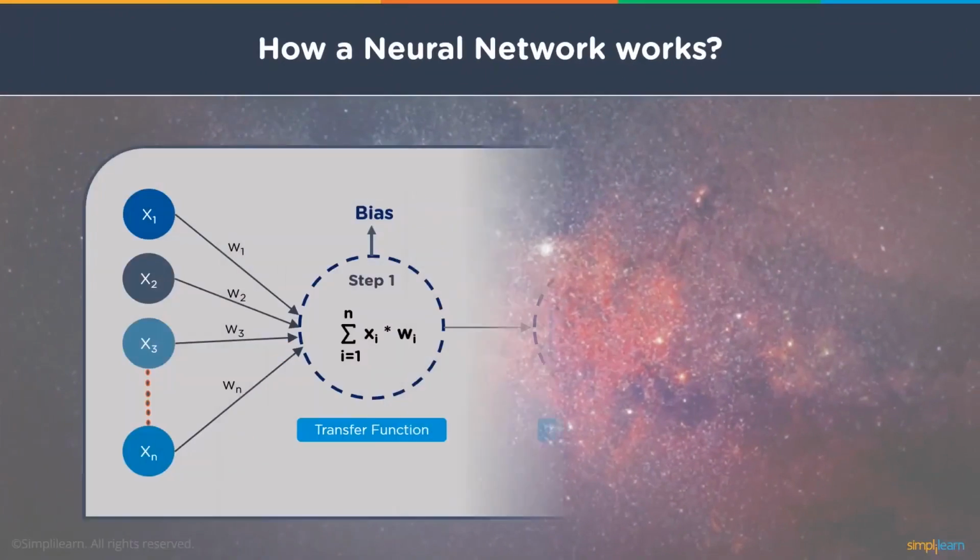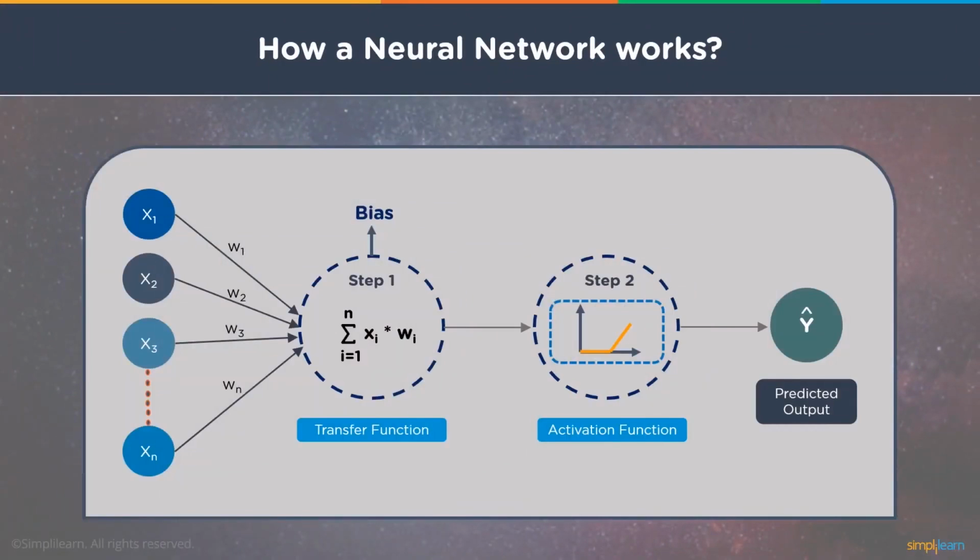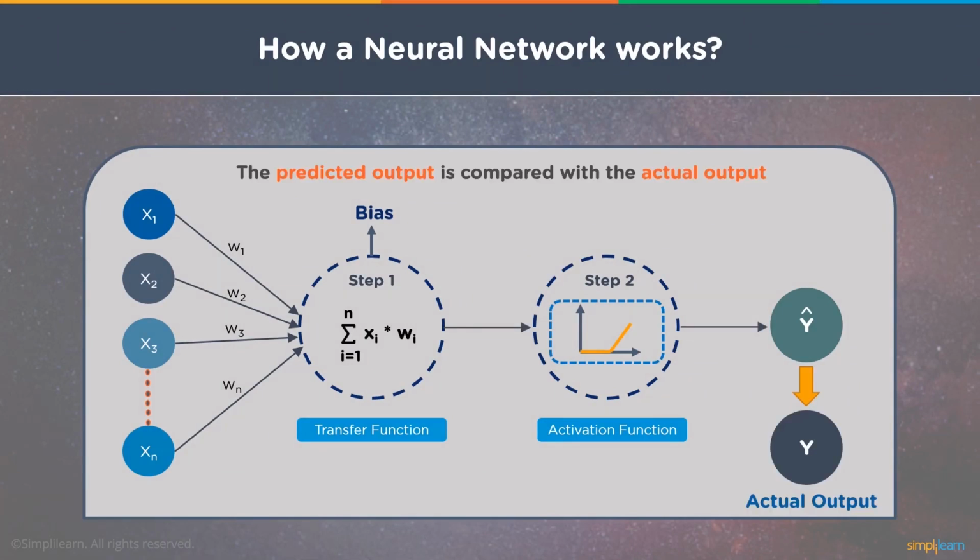So we look at, here we go, walking back through this diagram and taking a closer look at it. We have the predicted output compared with the actual output. So once you go through the step and it adds everything together, your weights are multiplied, they're just multiples. So you have feature x1 times weight 1 plus feature x2 times weight 2, and so on, plus the weight times the bias.